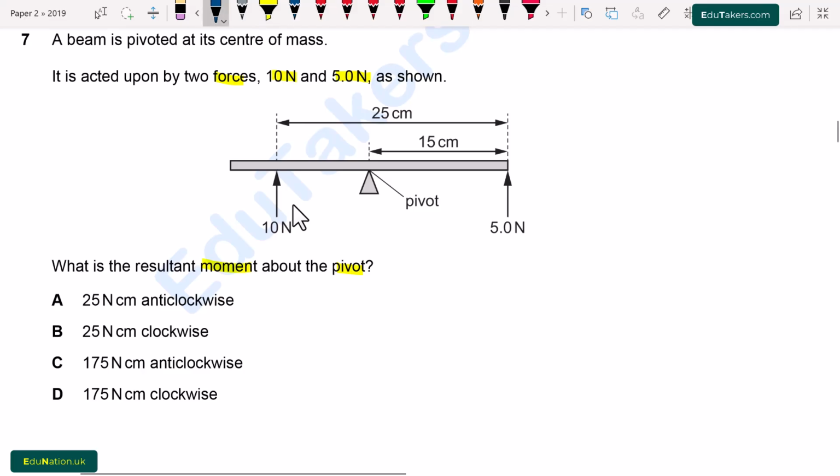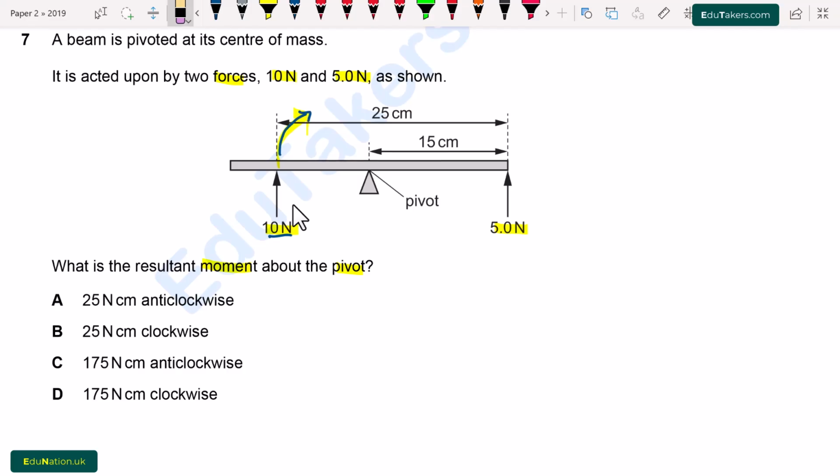Here we can see 10 Newton force is acting upward and 5.0 Newton force is also acting upward. But 10 Newton is greater than 5.0 Newton, due to which the 10 Newton force causes clockwise moment while the 5.0 Newton causes the anti-clockwise moment. So 10 Newton force basically causes clockwise moment like this.